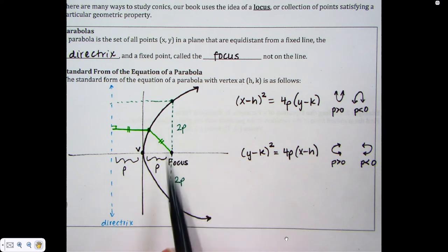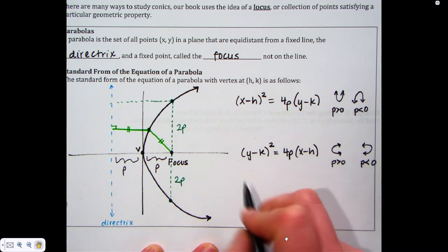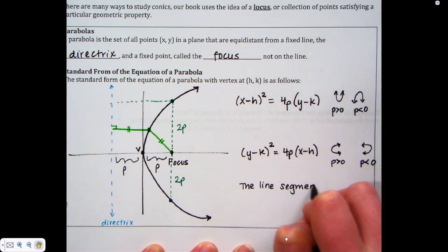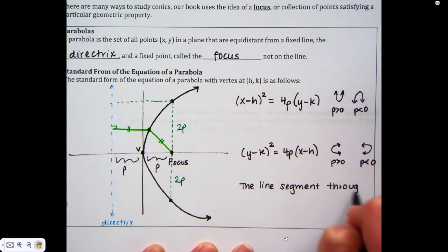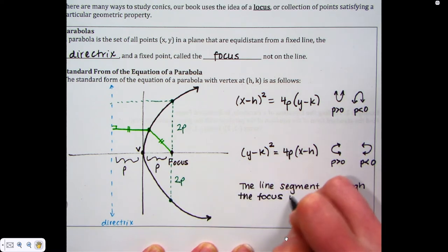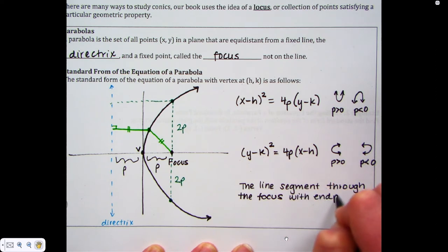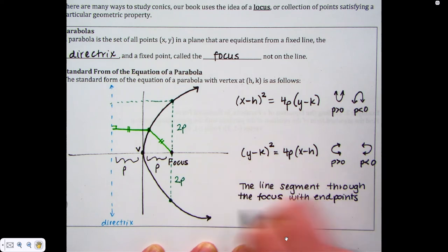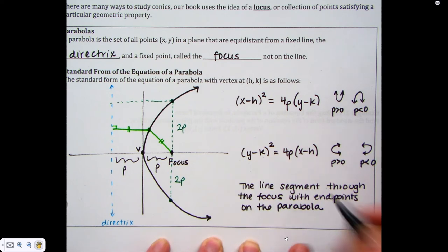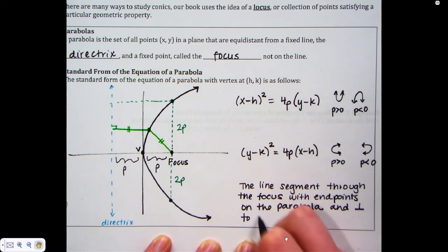This other piece that I drew in, the 2p, has a name. It's one of my favorite / least favorite vocab terms in math. The line segments through the focus with endpoints on the parabola, and we say that it is perpendicular, I'm going to use the symbol for perpendicular from your geometry class, to the axis of symmetry.